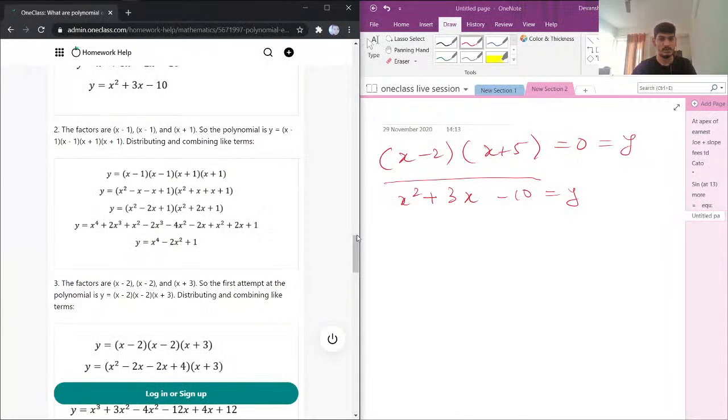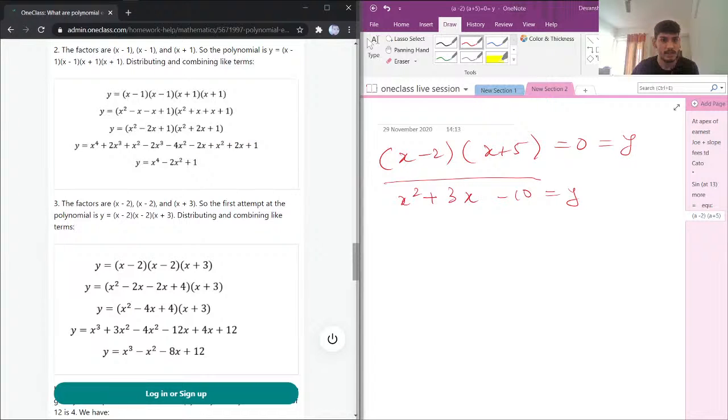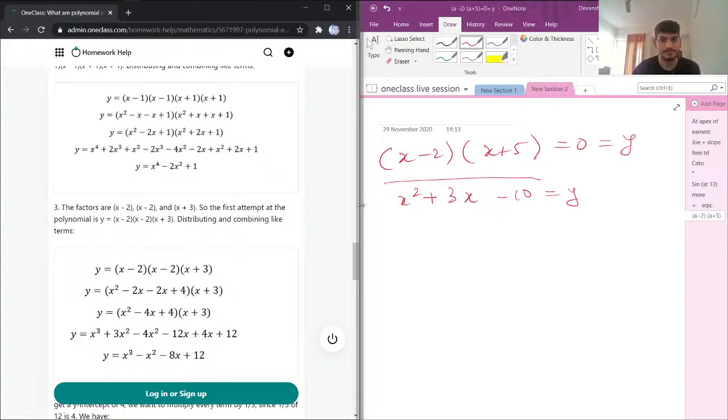For this one we can do the x minus 1 whole square and we multiply it by x plus 1 whole square, or we can also write this as a minus b into a plus b. That will be a square minus b square, and that will be pretty much easier.